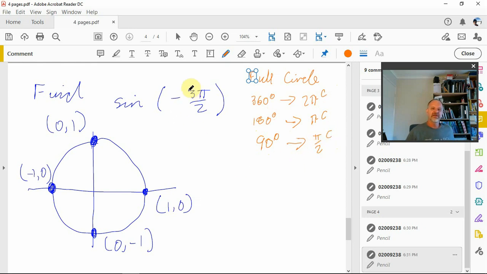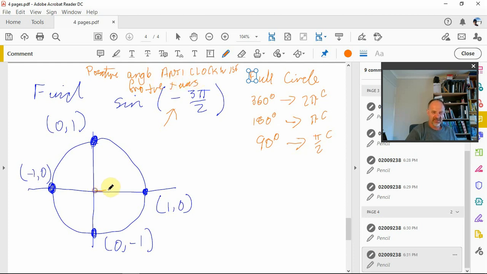All right, and so here in this one, we've got a negative, and normally, and I didn't mention this either, and I should have, for positive angles, we go anti-clockwise from our positive x-axis.